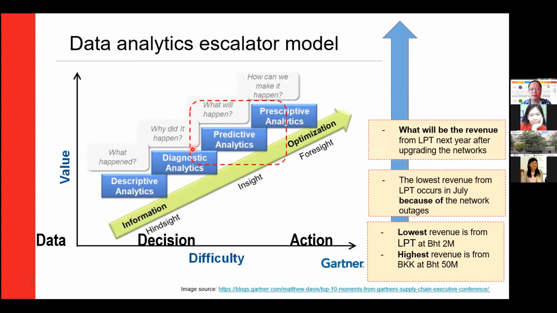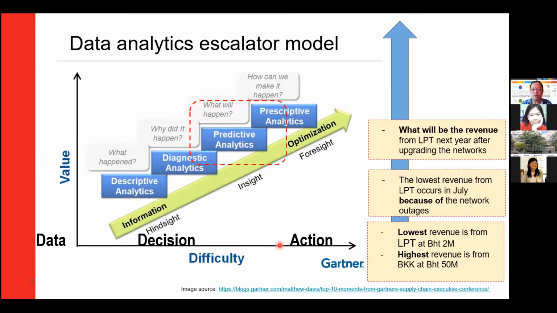Okay. Now, if we want to go higher on the analytics escalator, we will gain more knowledge from data, and again, it will be more difficult. It needs a more complex process to process this data.